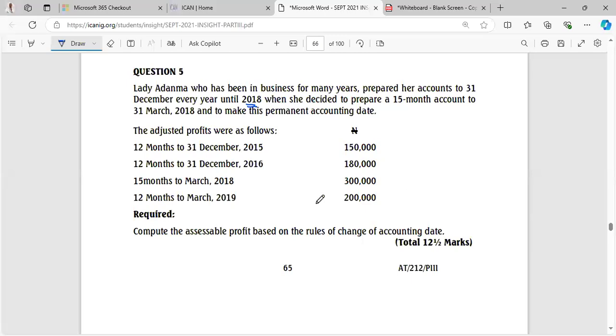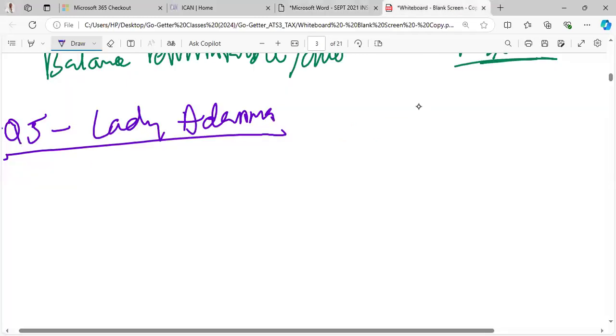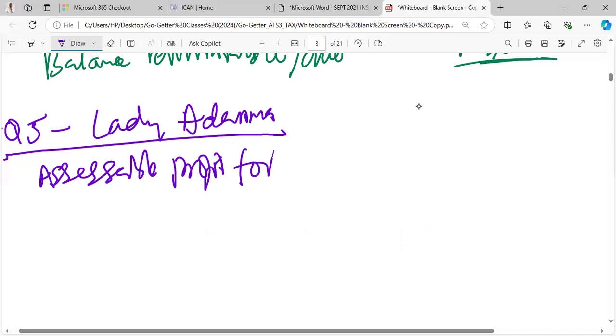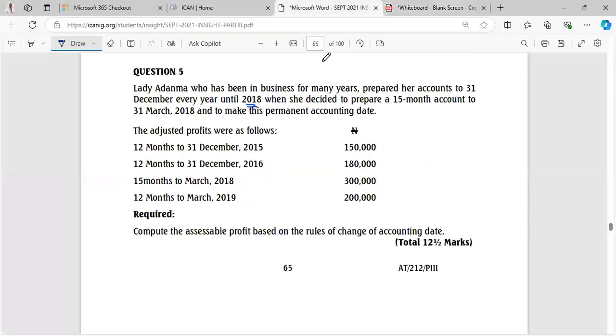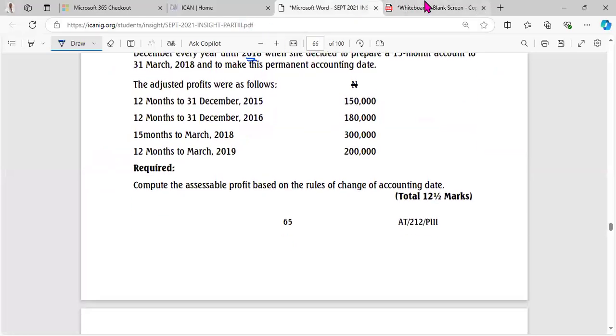We are going to be looking at assessable profit for year of assessment 2018, which is the first year, and it will be for 3 years, 2018, 2019, down to 2020.